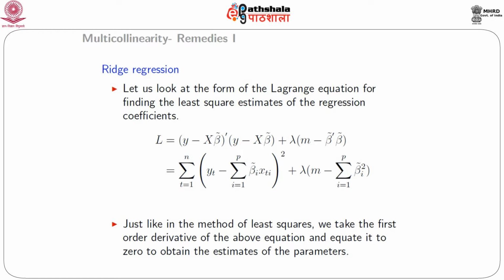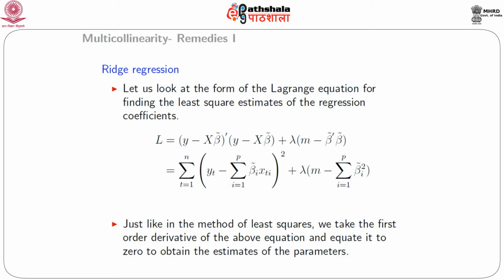L equals y minus X beta tilde prime times y minus X beta tilde plus lambda times m minus beta tilde prime times beta tilde, which can be written in the summation form as follows: summation t equals 1 to n of y t minus summation i equals 1 to p beta i tilde times x t i, whole square, plus lambda times m minus summation i equals 1 to p beta tilde i square, where p is the number of parameters in the model or the number of predictors that we include in the model.